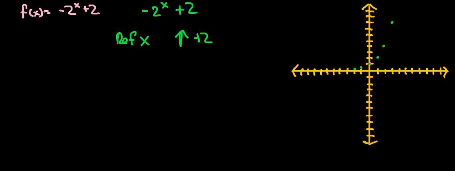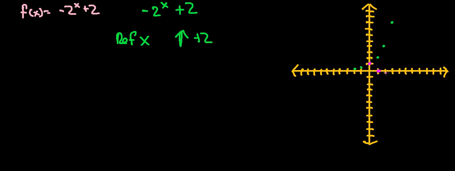So let me start with this one here. This is being reflected across the x-axis. Instead of being at positive 1 y, it's going to be at minus 1 y, and then plus 2. So coincidentally, it's going to be the same point. But that won't continue. At 1, it is positive 2. So if we reflect this to minus 2, and then go up 2 units, that means it's going to be here.